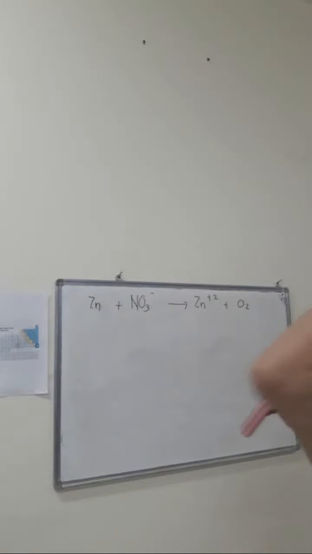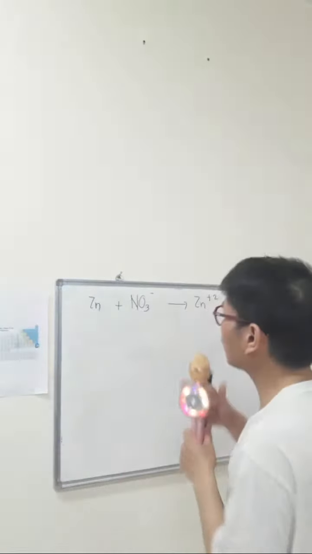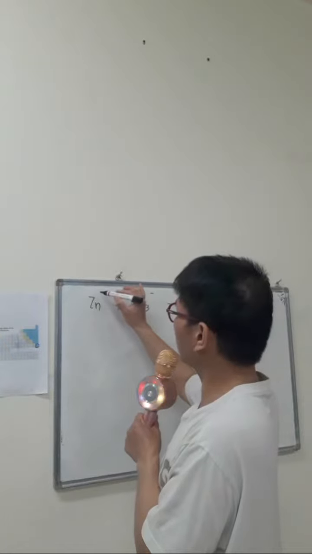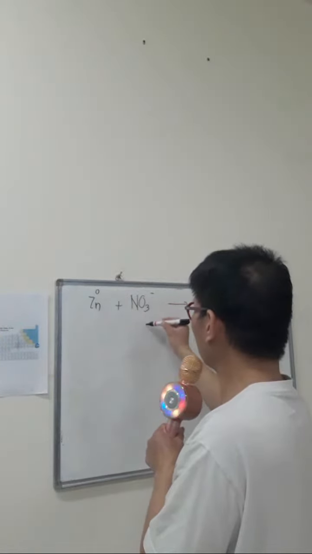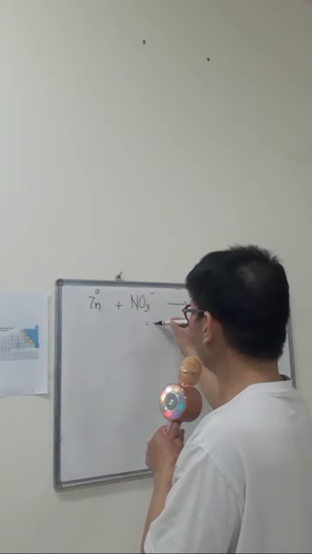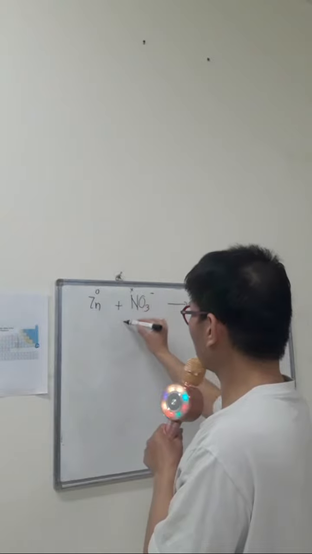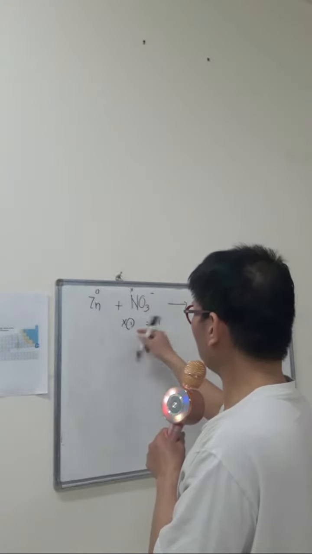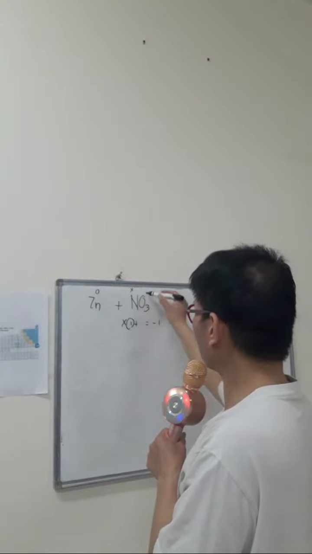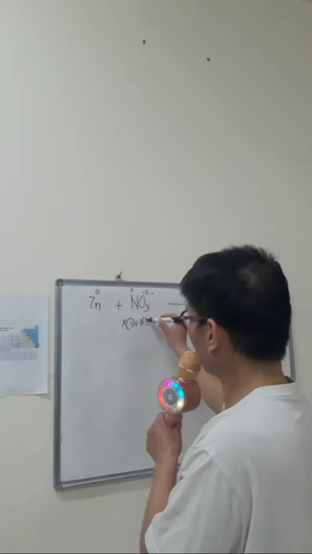Now, step 1, assigning the oxidation number and oxidation state. This zinc is a free element, a solo element, so 0, and the nitrate has an overall charge of -1. For nitrogen, x times 1, plus the charge of oxygen, negative 2 times subscript 3.